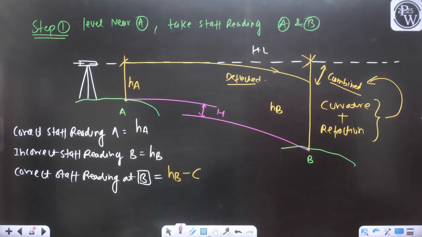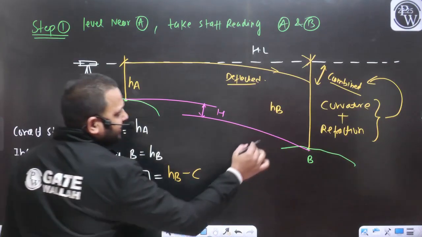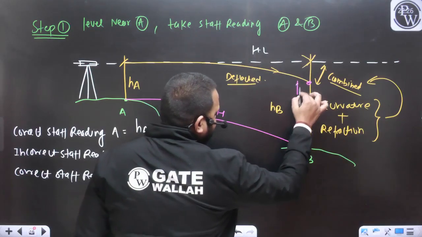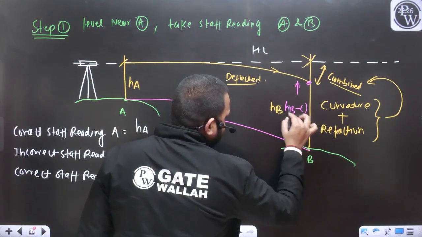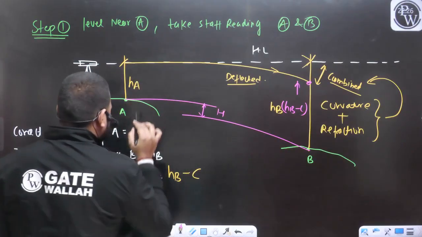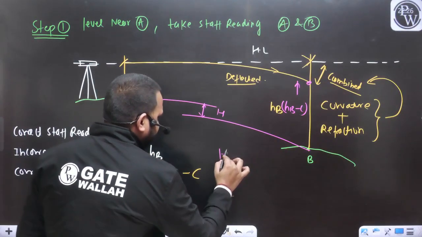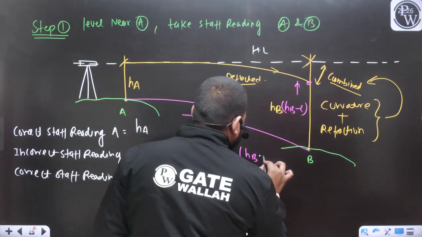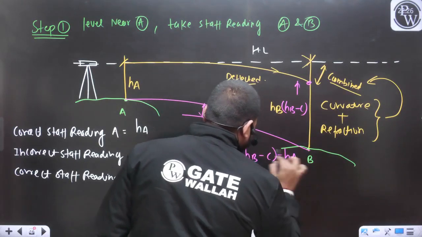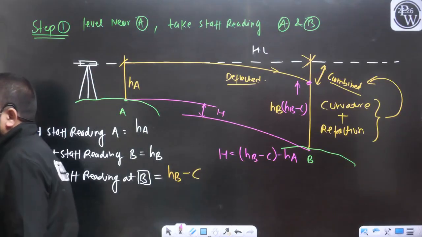Can you tell me? The reading at B is HB minus C, and if I subtract HA from it, I can write H will be equal to HB minus C minus HA.